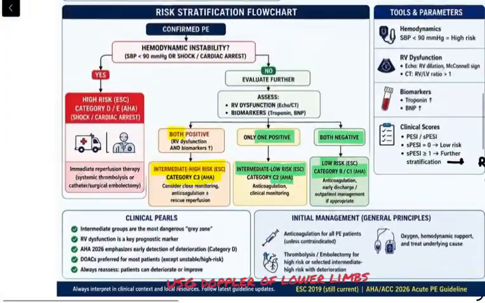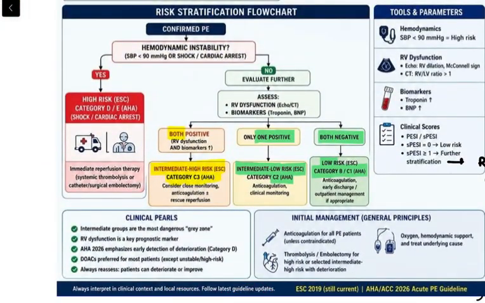After confirming pulmonary embolism, you have to check whether the patient is hemodynamically unstable or stable. If unstable, that comes under the high risk category, AHA D and E. In that case, you need immediate reperfusion therapy, either by systemic thrombolysis or catheter or surgical embolectomy. If there is no instability, you evaluate the patient further, assessing the echo and the biomarkers.